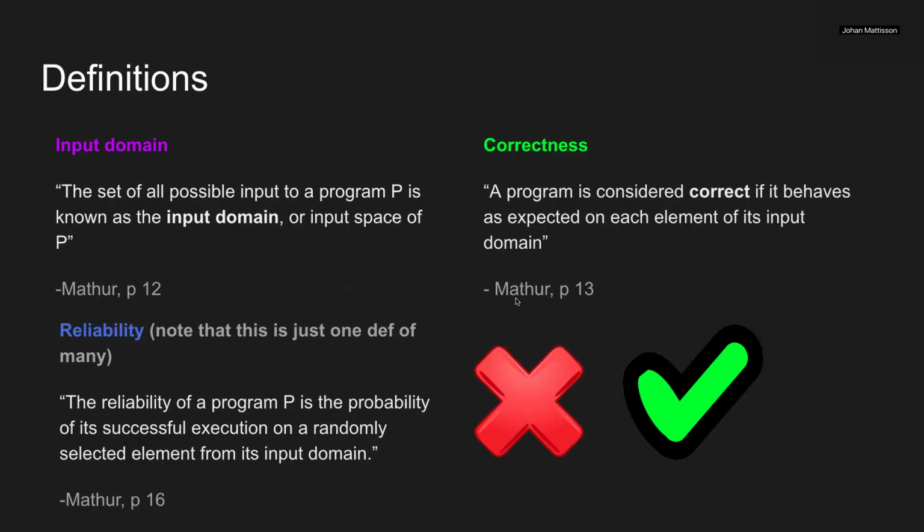The reliability of a program is the probability of its successful execution on a randomly selected element from its input domain. So we have certain values, and we run them through a test, for example. If we take the add function again, we expect integer values. We don't expect it to be a function or something like that. So if we test a few of them, we can reliably say that this seems to be probably going to work.